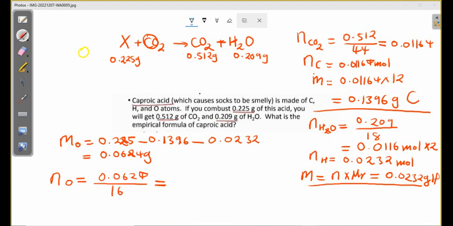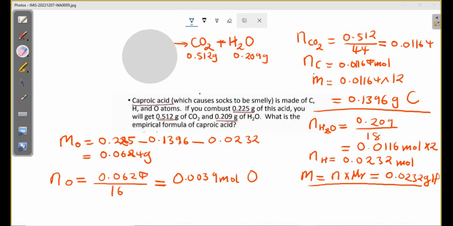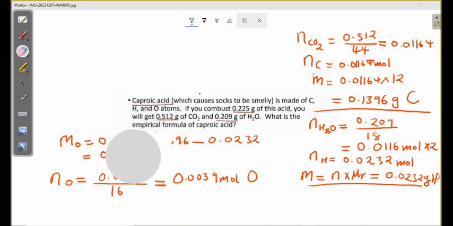Now we know the moles, we can now go and find the empirical formula. So the elements that we have, we've got carbon, hydrogen, oxygen, and then the moles. In this case, we don't have the percentage mass. For carbon, the number of moles is 0.01164.